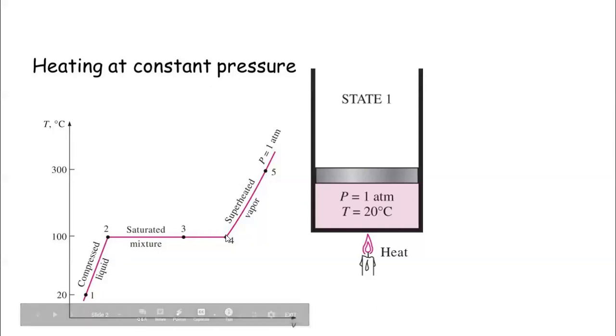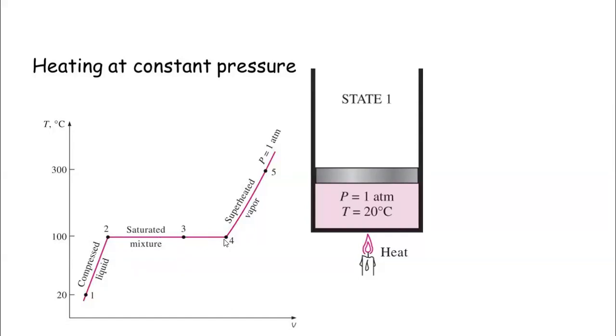From state 2 to state 4, the temperature of the water would remain equal to the boiling point, in this case 100 degrees centigrade. So then how do we differentiate between state 2, state 3 and state 4? One can think of state 2 as saturated liquid, meaning that there is no gas in it. State 3 as comprising of some liquid and some gas, that is, it is a wet steam.